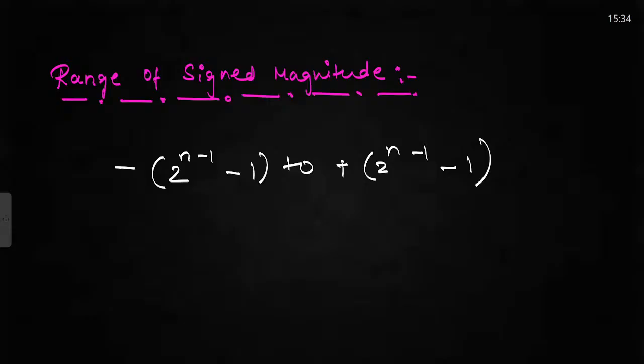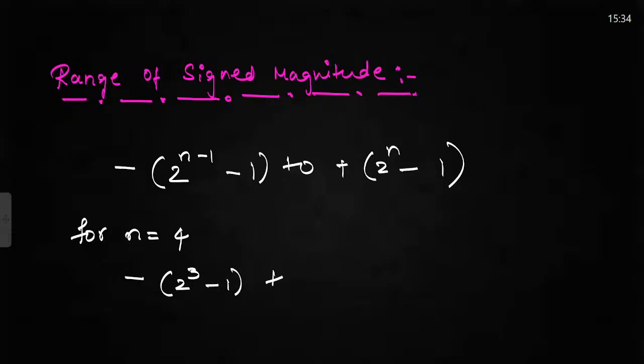Sorry, on the positive side it is the same, but for the negative side it will change. So let us say for n equal to 4, we will find this one. Then that will be -(2 power 3 minus 1) to 2 power 3 minus 1.